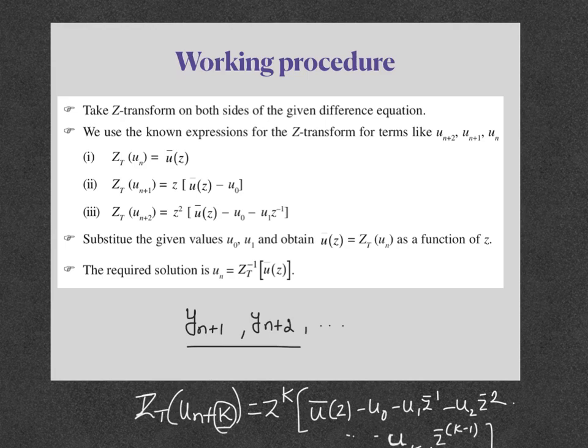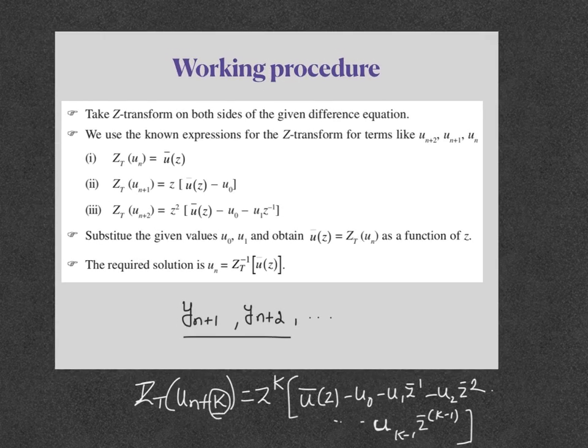Then substitute the values u0, u1. If the problem gives the conditions u0, u1, obtain u bar z by substituting those into the Z transform of u(n). Finally, the required solution u(n) is obtained by operating the inverse Z transform on u bar z.